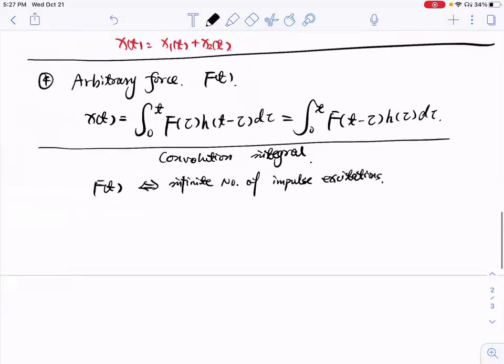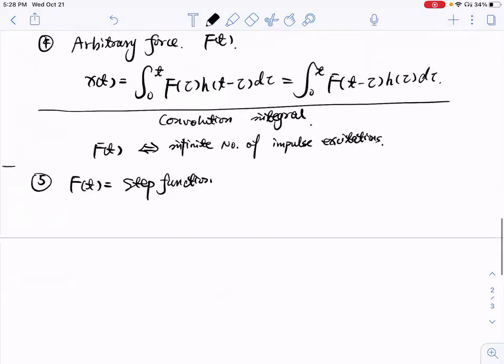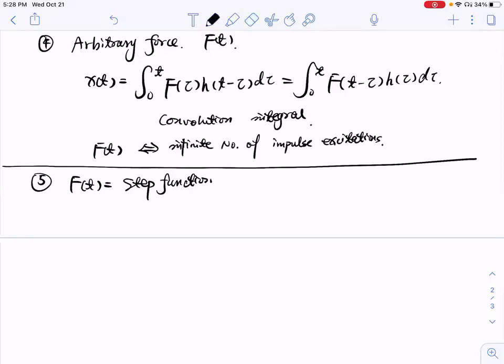So during the class, we never actually talk about the arbitrary force excitation. We just focus on one special case, which is F(t) equals a step function. So how does it look like?